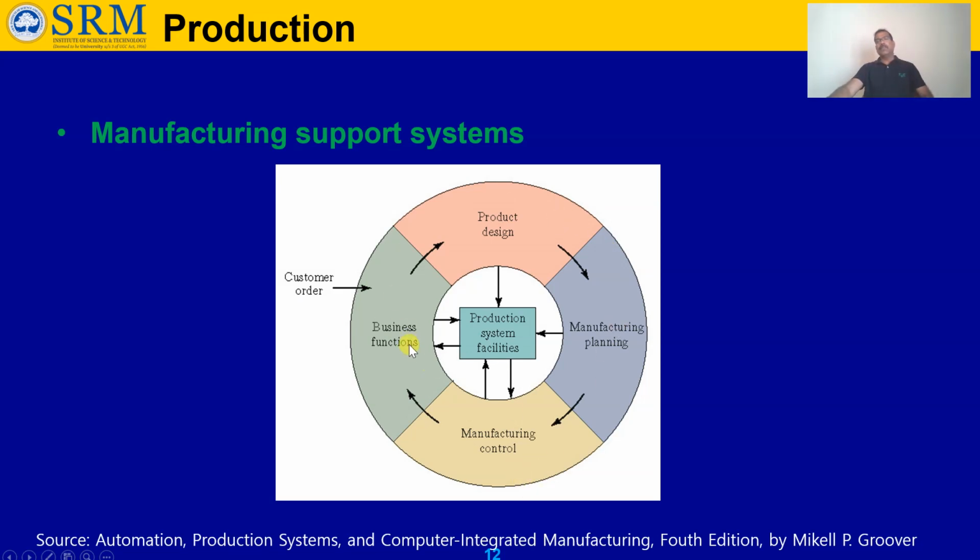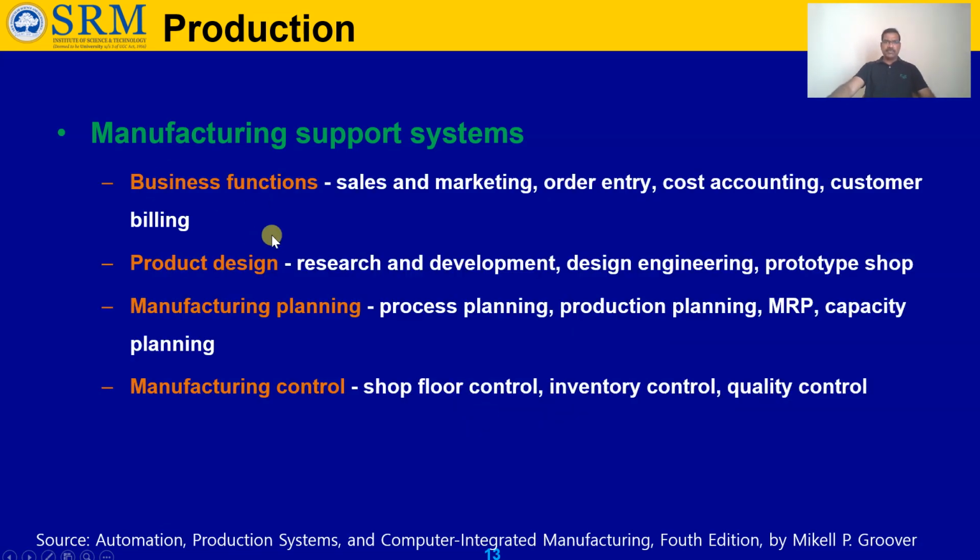Okay, for example, what all is there under the business function? Say the sales and marketing team, and the sales and marketing team directly approaches the customers. So they know what the customers are expecting.